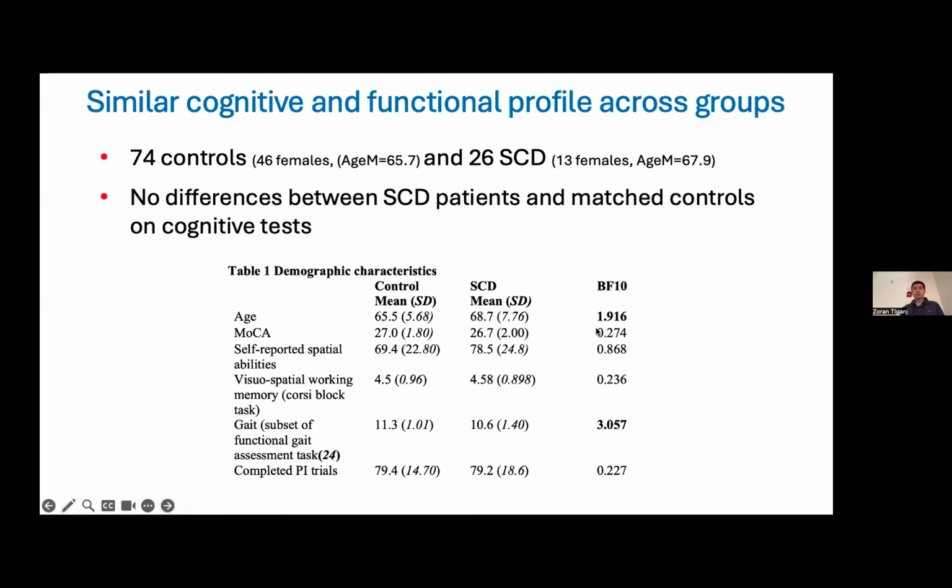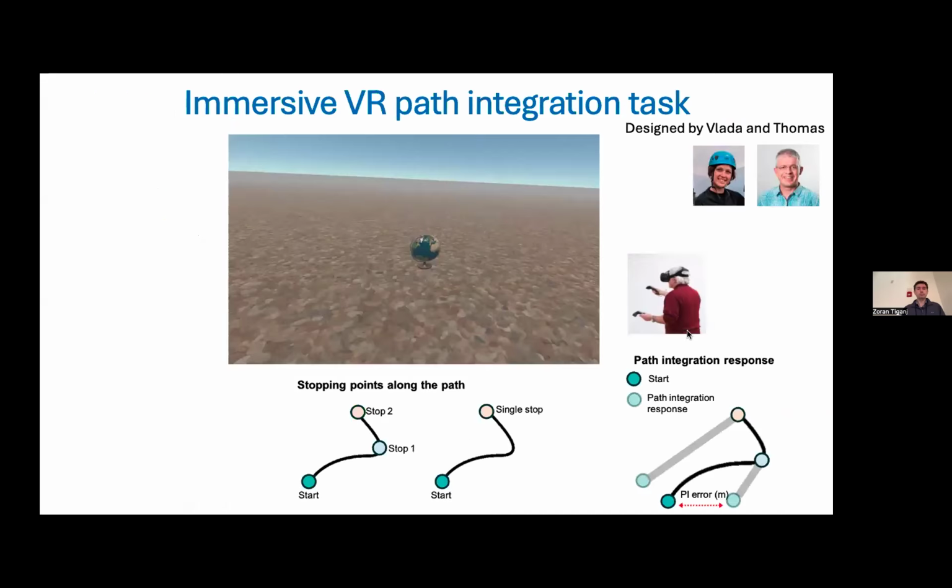To study this, we conducted an experiment with 74 control participants and 26 participants with self-reported cognitive decline. So we have these two groups, and we're going to look into the difference between them in a path integration task. In general, there are no interesting differences between the groups based on a number of other factors and tests.